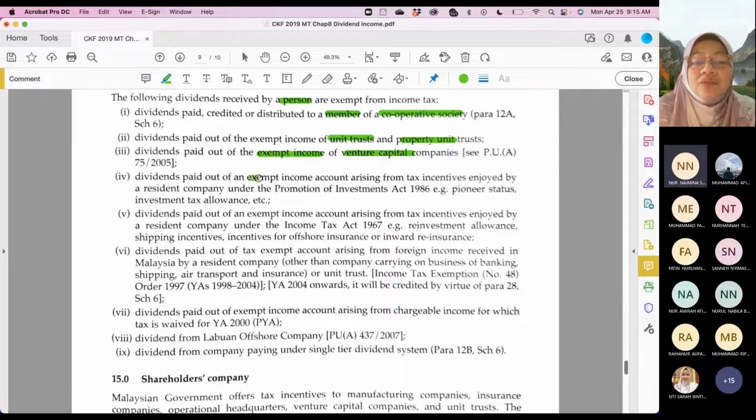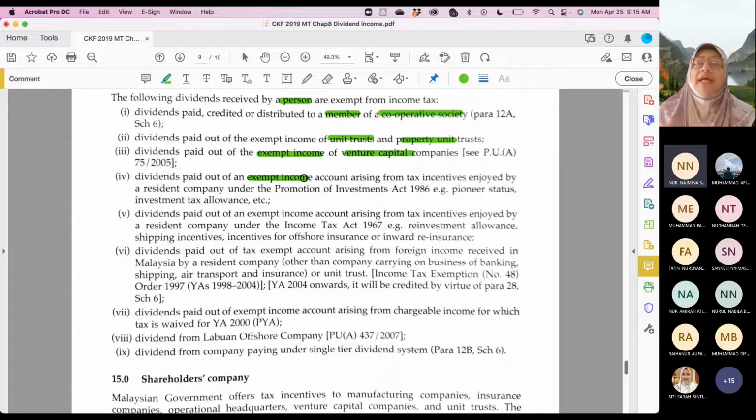So what happened is that under single tier dividend, the dividend is paid out of retained earnings. Later, when you do your Tax 2, you see that companies also have another account, we call it an exempt income account. So how do they have this exempt income account?